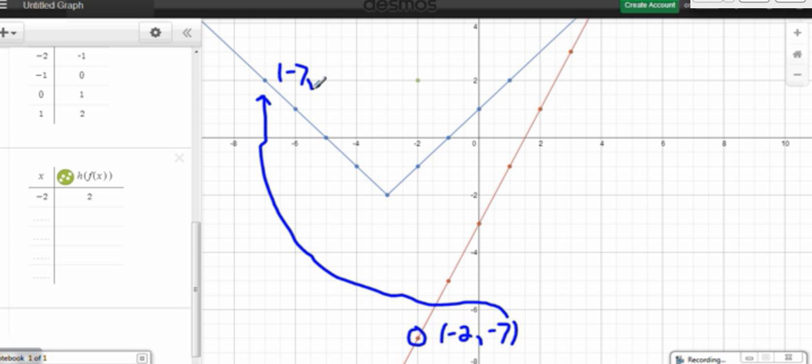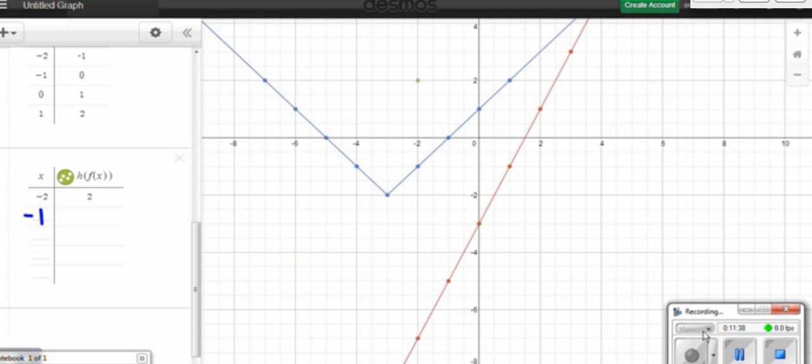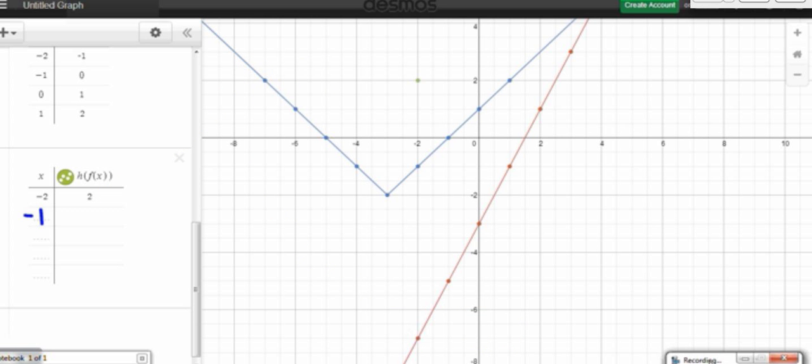And h shows that when x is -7, h of x is +2, which is what we found when we used our table. So when x is -2, f of x was -7, and h of -7 is +2. So our output when x is -2 for h of f of x is +2, or h of f of -2 is +2.